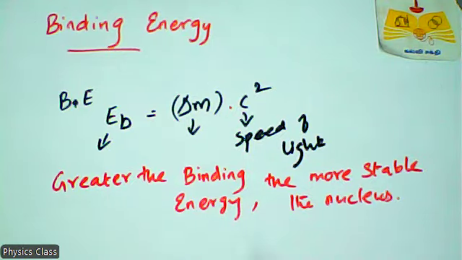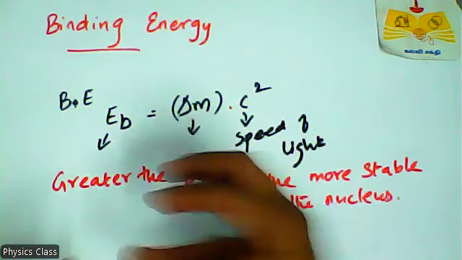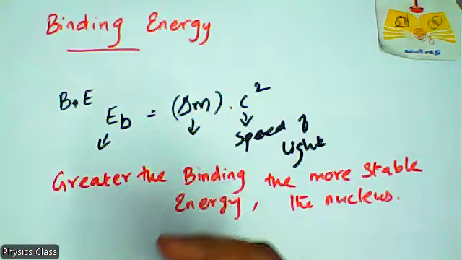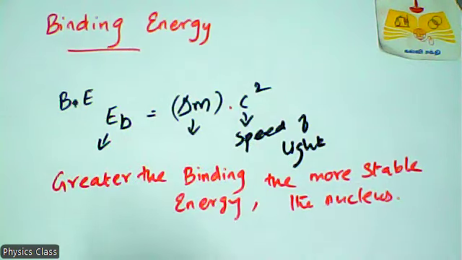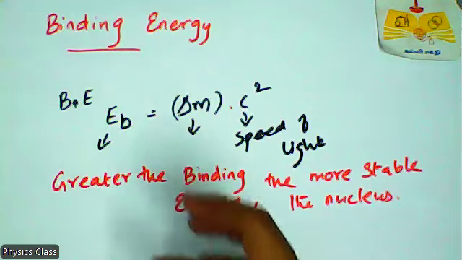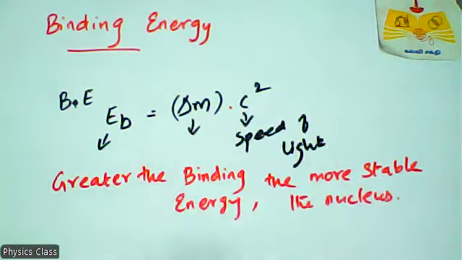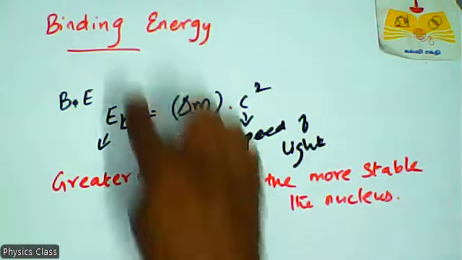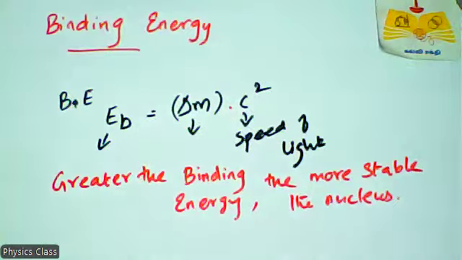In fact, to separate that, for example carbon 12 or iron 56, to separate that iron 56 nucleus into its individual constituents, we must apply energy equal to the binding energy of the nucleus.